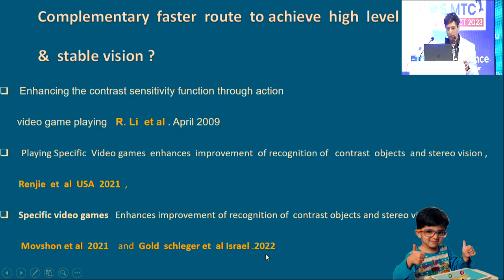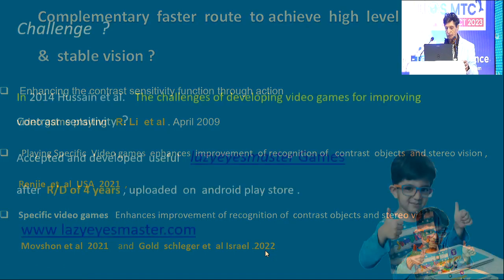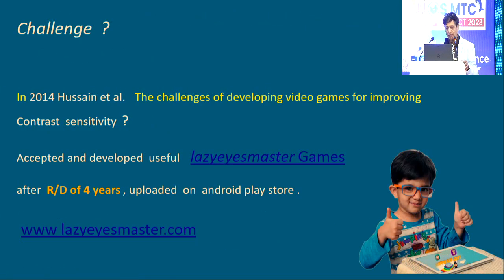Playing video games is beneficial, and the latest study on specific video games is from 2022. But in 2014, Hussain et al. published a paper on the challenge of developing video games for improving contrast sensitivity. There are challenges.